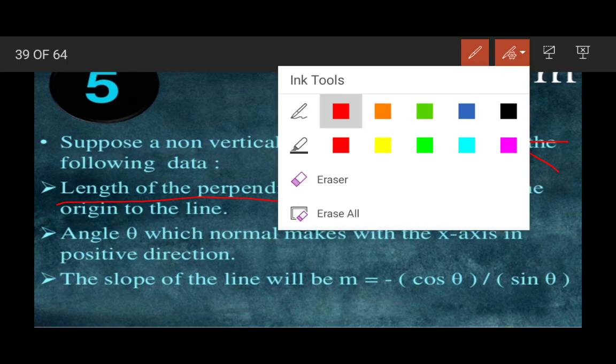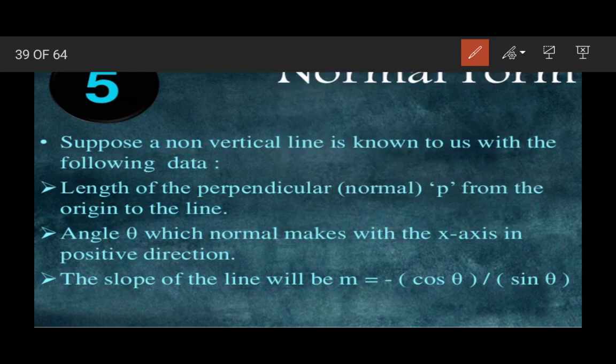Then angle theta, which the perpendicular makes with the x-axis in the positive direction. Theta is an angle towards the positive direction of the x-axis.